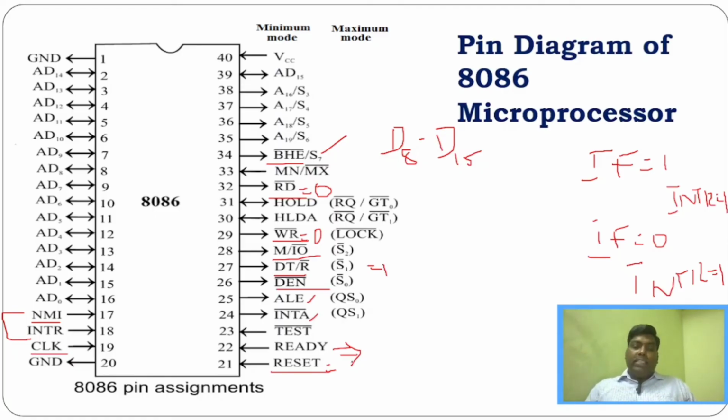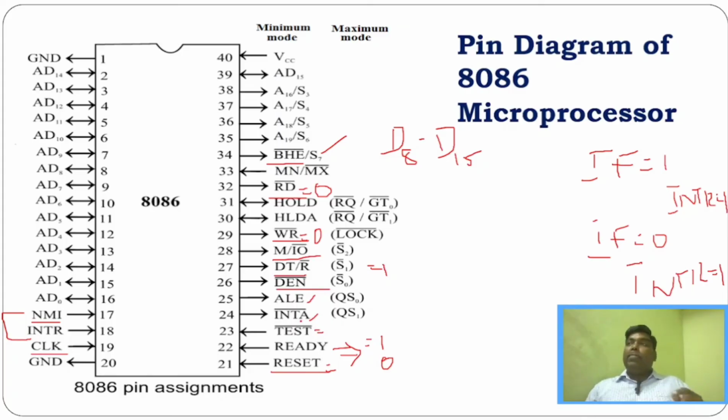So whenever this is equal to 1, there is no change and normal operation goes on, and whenever it is 0, the microprocessor will go to the wait state so that it is synchronized with the peripheral device. Similarly, this TEST signal is also for the same purpose, but the microprocessor will go to the wait state whenever it is executing the internal program, and in that case, if you want to go to the wait state, this particular signal will be enabled.